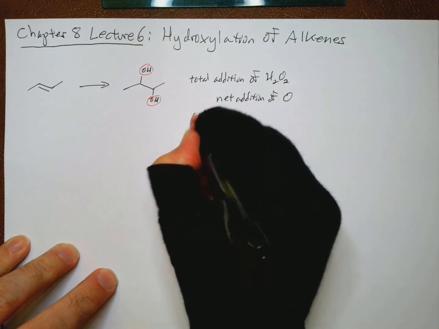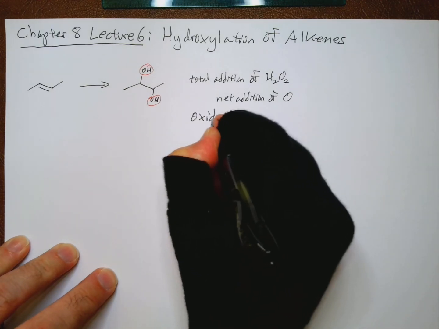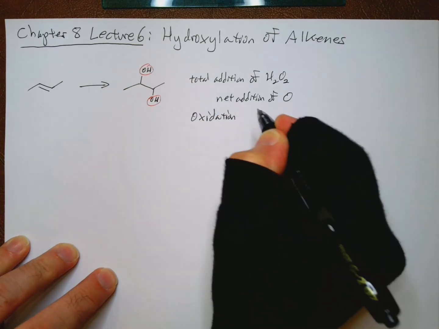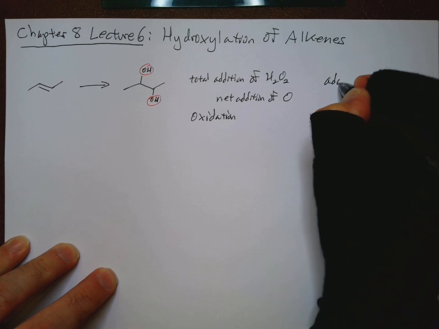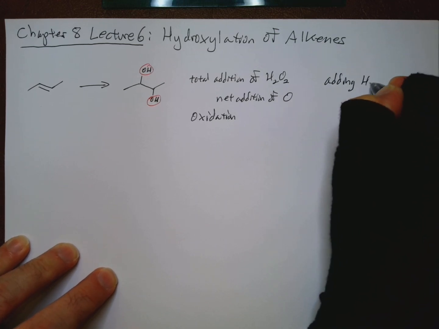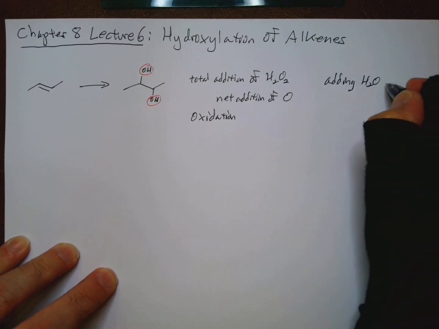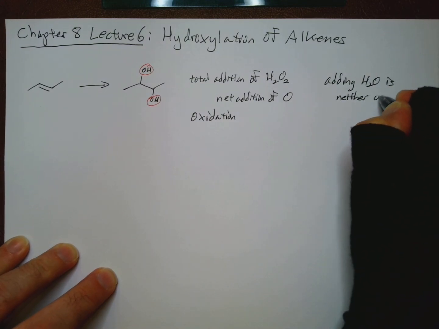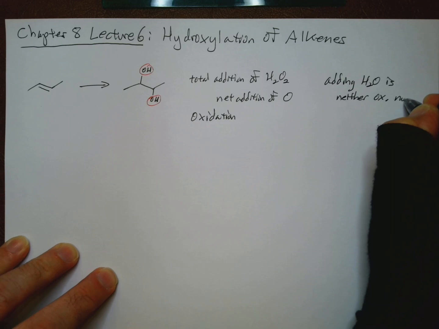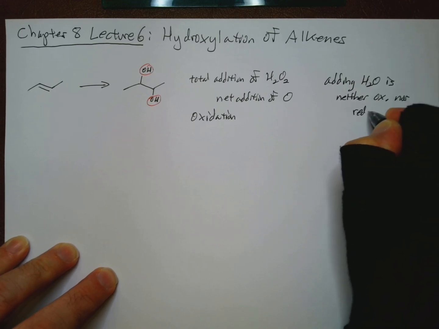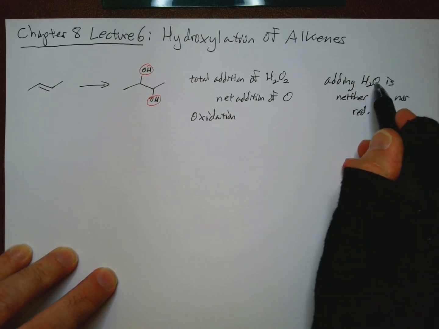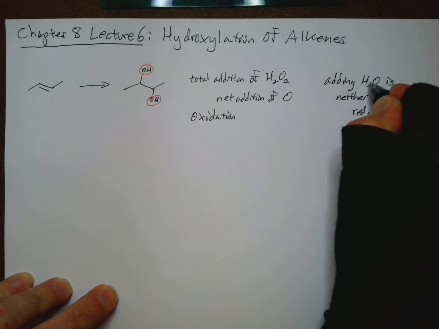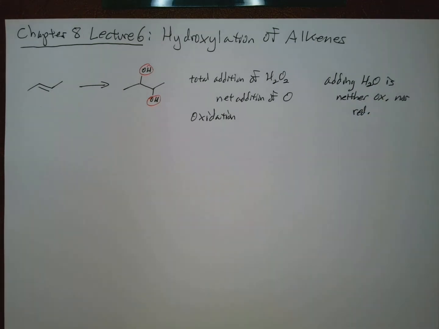So this is an example of an oxidation. Adding H2O, like in a hydration, is neither oxidation nor reduction. We're adding both H2 and O, so we don't have a net addition of either one.